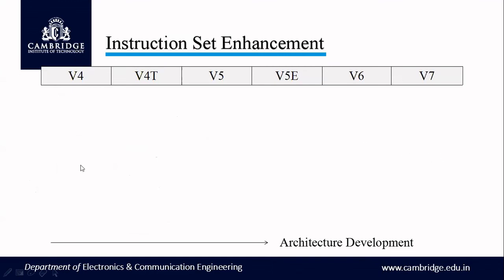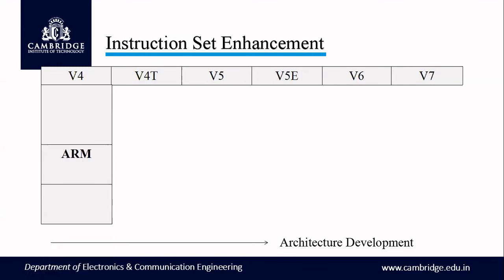Now we would relate this with the instructions, okay, the thumb state, ARM state, and so on, the instruction set. So in V4, we had only the ARM state, which means it was supporting only 32-bit instructions. With V4T, the thumb state was introduced, which means we had both 32-bit as well as 16-bit instructions.